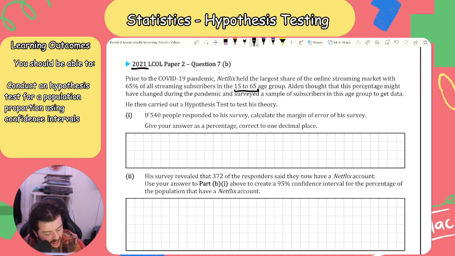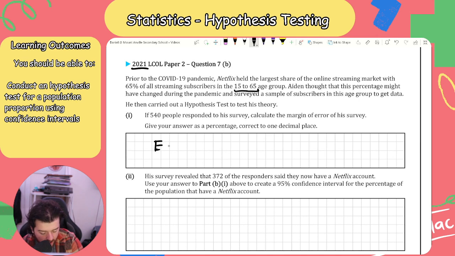Aidan thought that this percentage might have changed during the pandemic and surveyed a sample of subscribers in this age group to get data. He carried out a hypothesis test to test his theory. So, if 500 people respond to a survey, calculate the margin of error of his survey. Give your answer as a percentage correct to 1 decimal place.